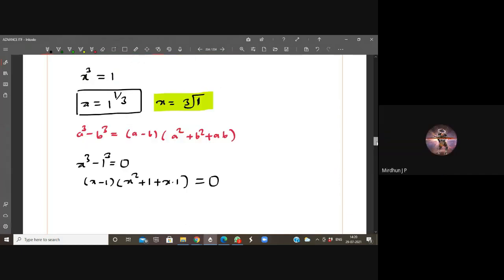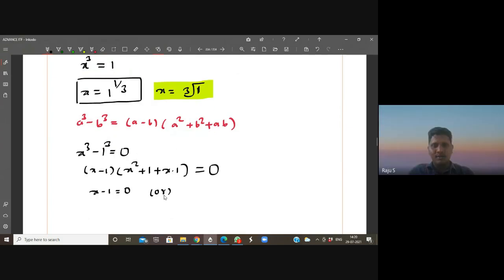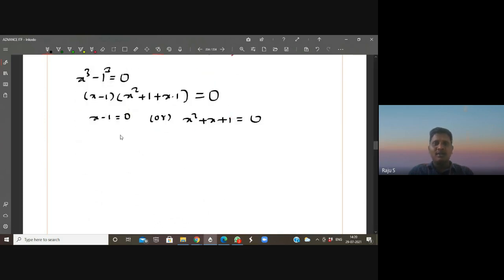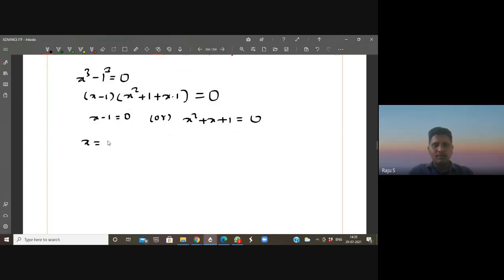Nothing but x minus 1 equal to 0 or x square plus x plus 1 is equal to 0. Got it? So here x minus 1 is equal to 0 means x is equal to 1, or it is a quadratic equation in the form of ax square plus bx plus c is equal to 0, because we cannot apply the factorization method.